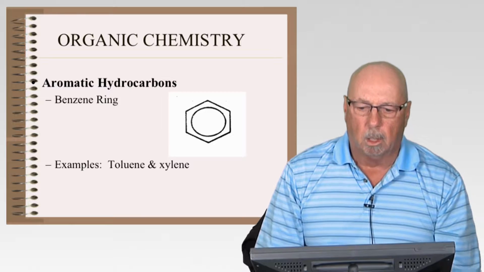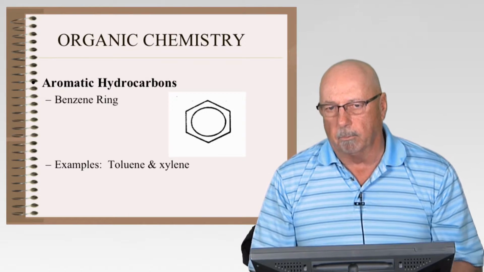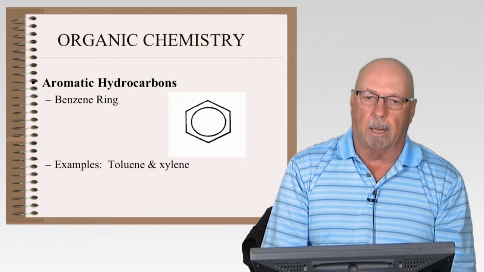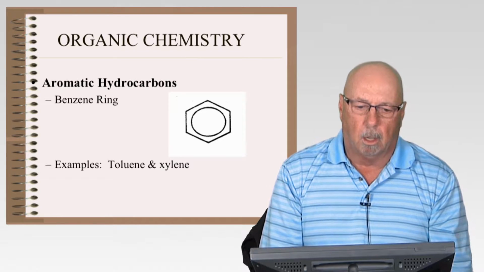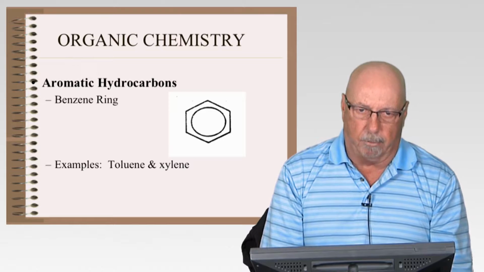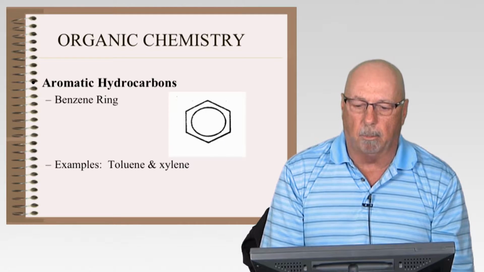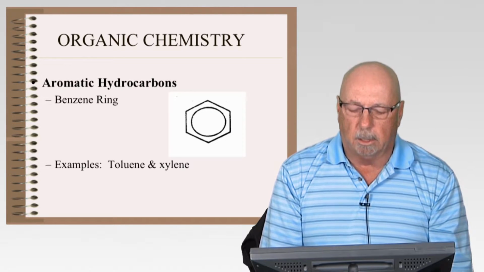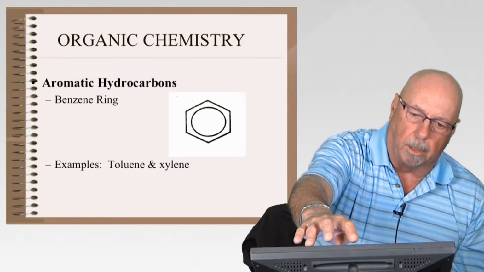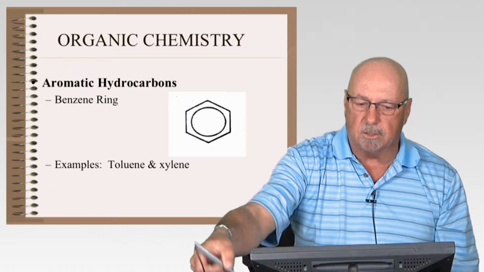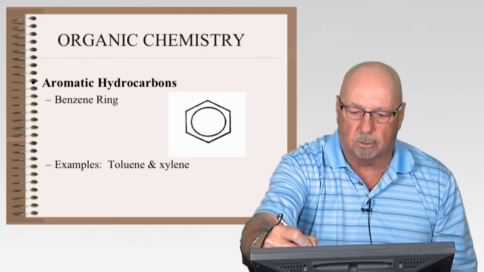Well, another branch of organic chemistry that hundreds, if not thousands, of chemicals are derived from are referred to as aromatic hydrocarbons. And when we talk about aromatic hydrocarbons, it basically is going to be a hydrocarbon with a benzene ring as its primary structure.